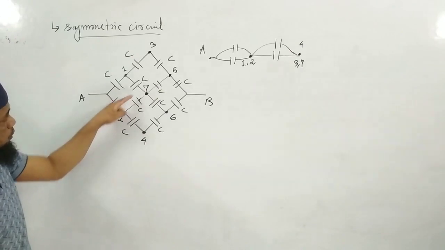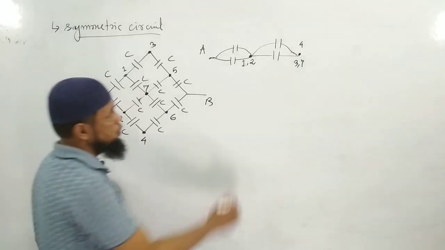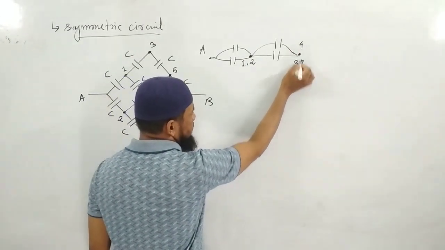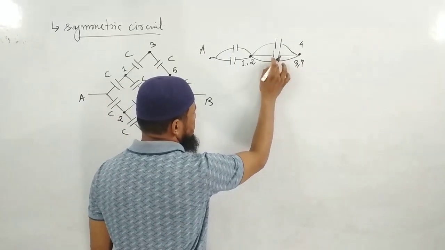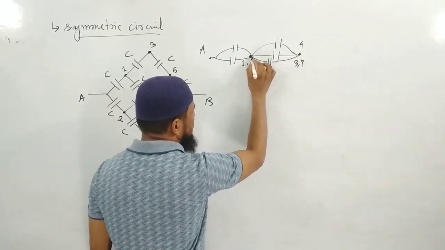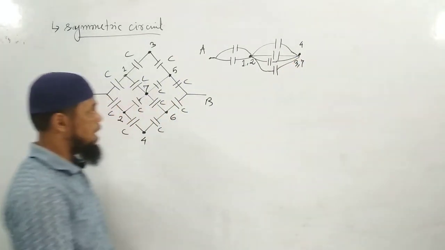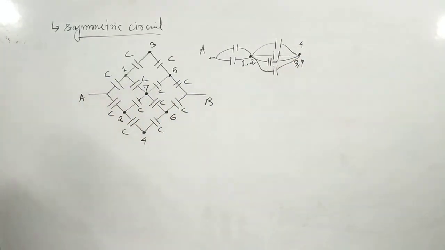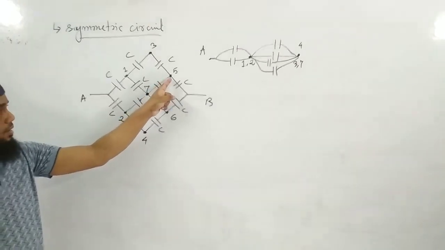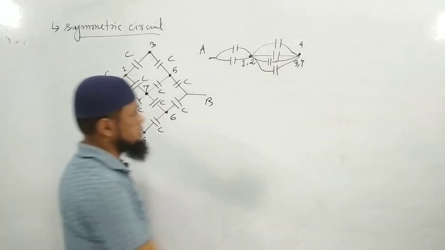Similarly, 2, 7, 2, 4. 2 is here, 4 and 7 is there. 2, 7 and 2, 4. How many capacitors come? 4 capacitors come.